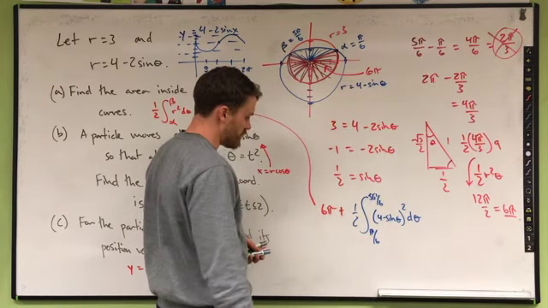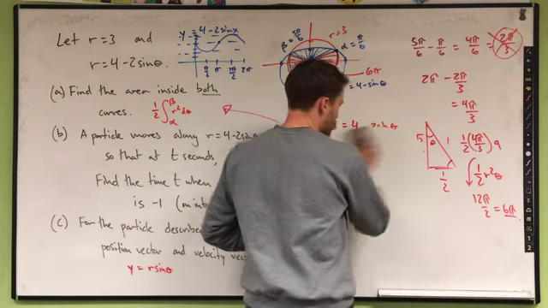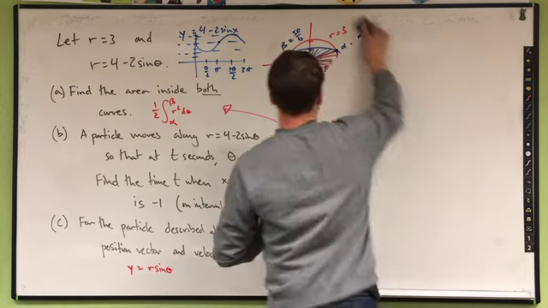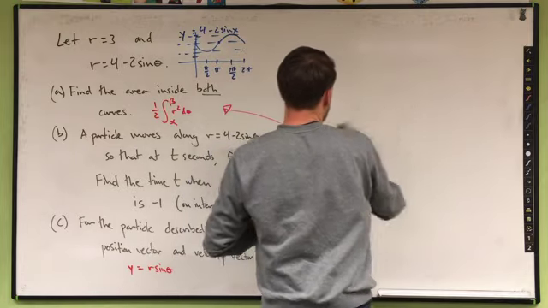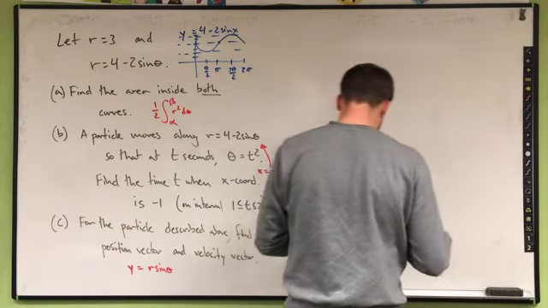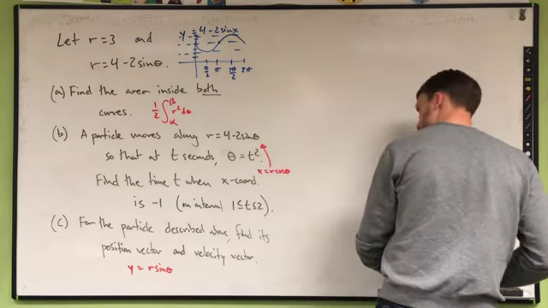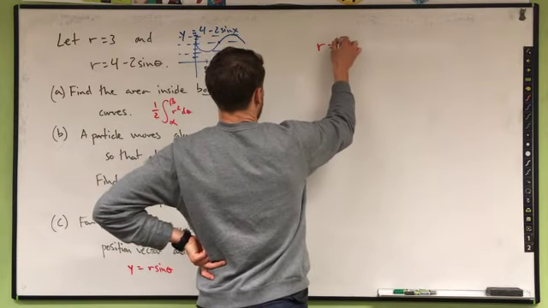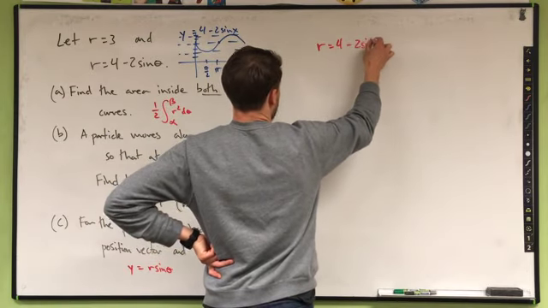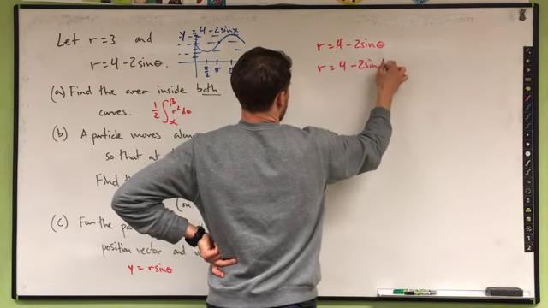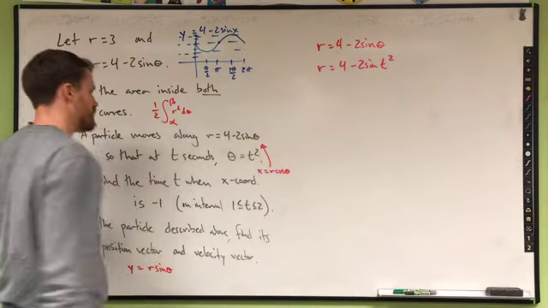I'm going to go ahead and erase this here. I wish I hadn't erased my graph, but I can't really rewind the video when it's in real life. But I know that r equals 4 minus 2 sine theta, so then r equals 4 minus 2 sine of t squared, because theta is t squared.